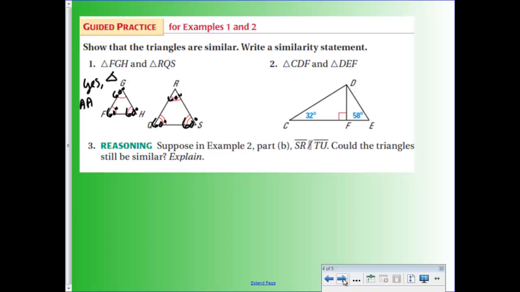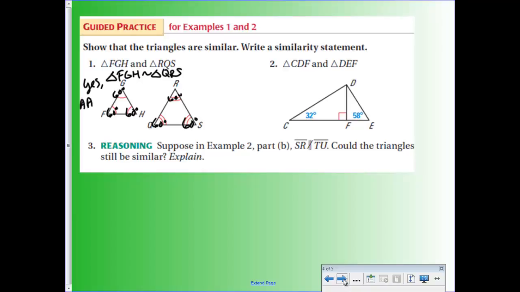This is the only time this is going to happen though. So we have triangle FGH, I might just say, is similar to, and just for the sake of consistency, because this is what we always do, if I have FGH, I'm going to start here and I'm just going to say QRS. Those are similar. But again, it doesn't matter because in this case, they're all equal to each other.